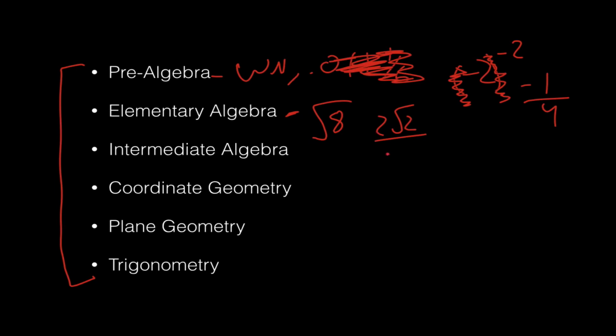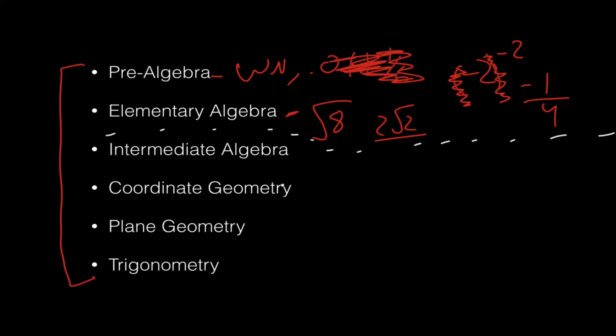That's something that might come up as a part of the problem. Obviously, they're not going to ask this type of problem because this is very simple, and most students taking the ACT would be able to easily do this one. But that's what's going to be on the pre and elementary algebraic parts of this test.